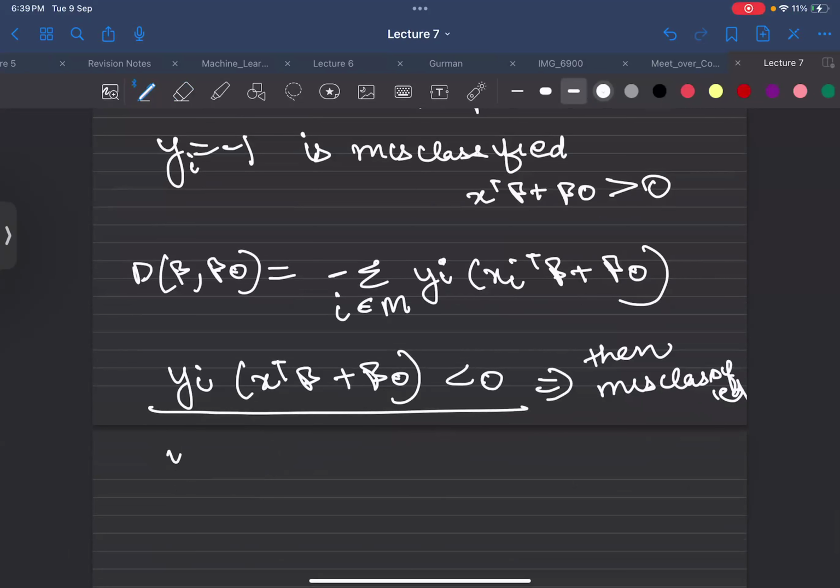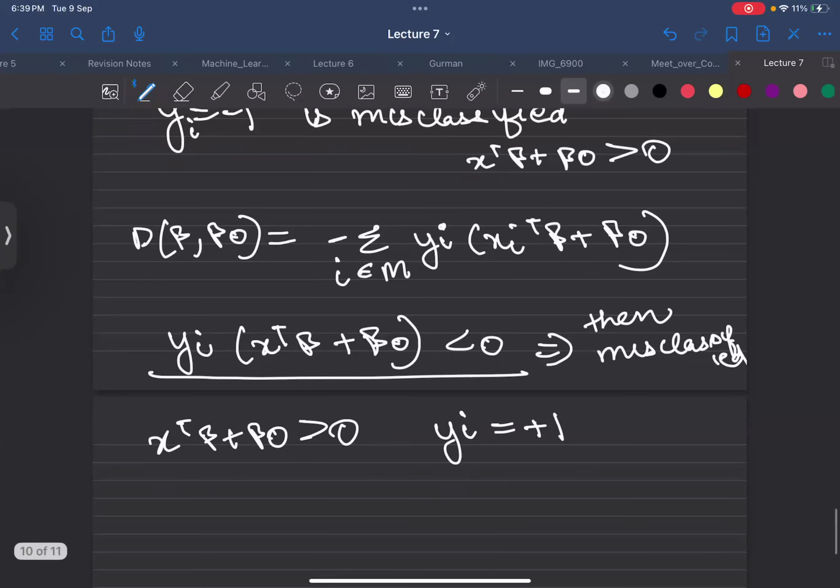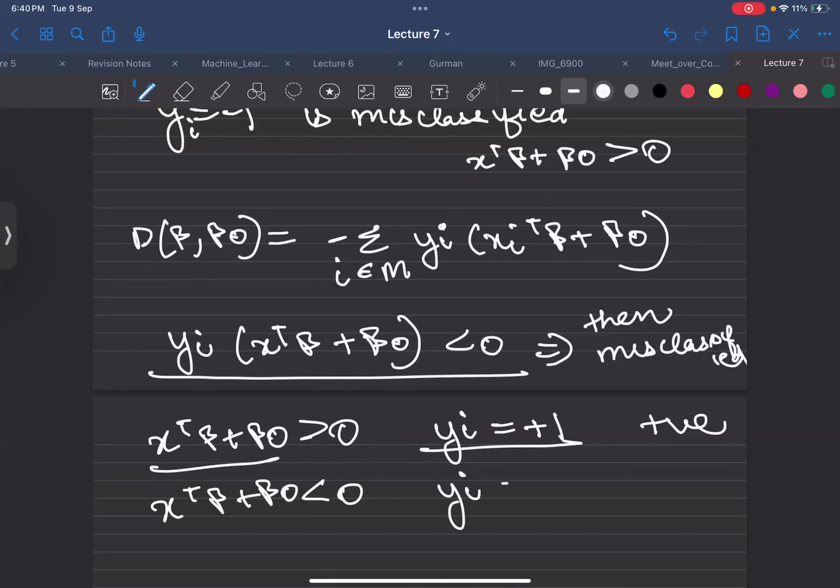What I mean to say, if y i, one minute, I'll explain again. X transpose beta plus beta naught is greater than 0. If it's classified correctly, it should be +1, so it is positive, the answer should be positive. In the other way around, if it's negative, this is also negative, -1, that's what we are saying.